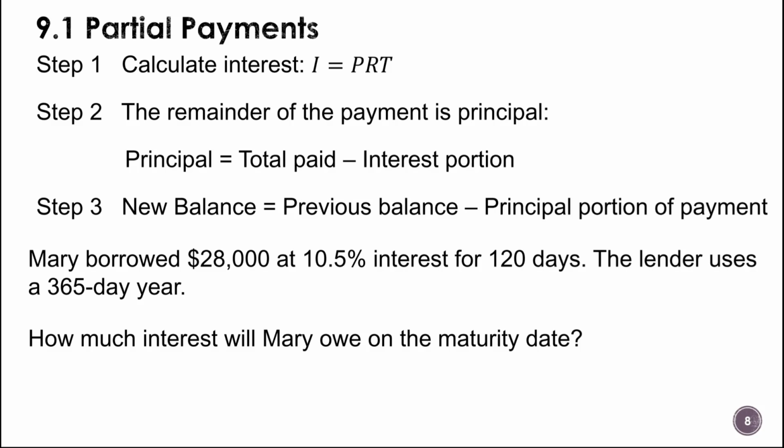All right, so for this loan, it says Mary borrowed $28,000 at 10.5% interest for 120 days. The lender uses a 365-day year. How much interest will Mary owe on the maturity date? So for this question, we will have $28,000, and that's at 10.5%, so that's 0.105 times 120 over 365.